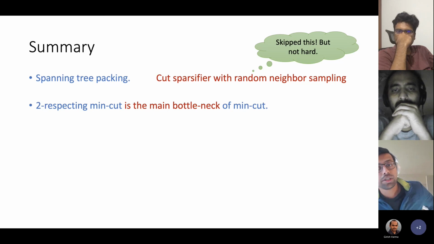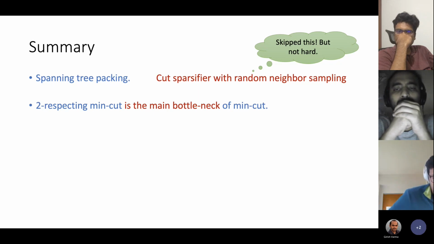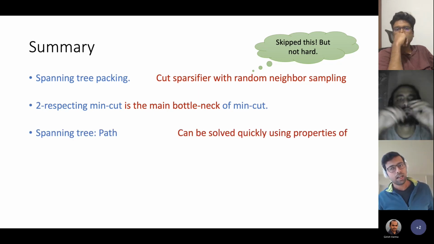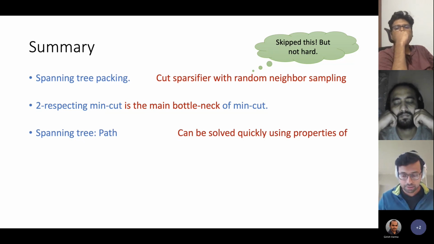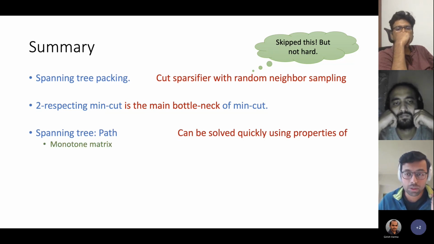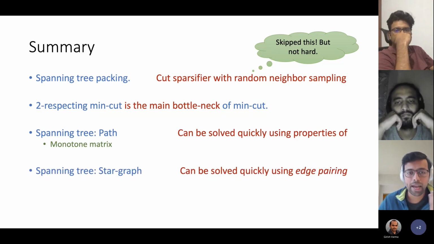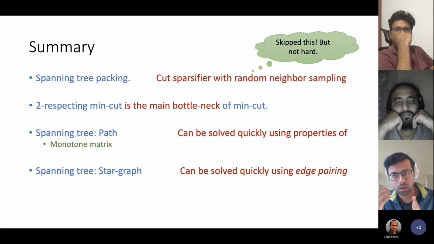But once you have this two respecting min cut, we try to solve it very efficiently. When the spanning tree is just a path, we can solve it by using the properties of the monotone matrix. When the spanning tree is a star graph, we can solve it by quickly using this edge pairing, that one edge can only get paired with at most one other edge.